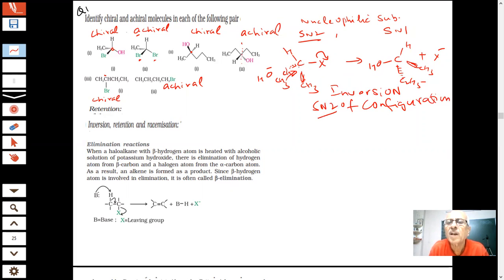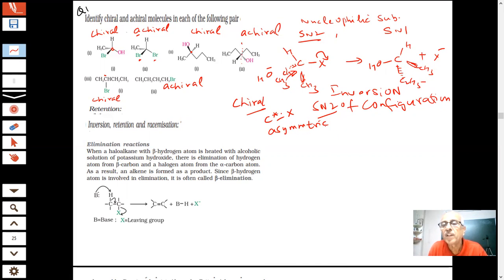Yes, sir. If this carbon attached to the X is asymmetric, then the result will be inversion of the configuration.